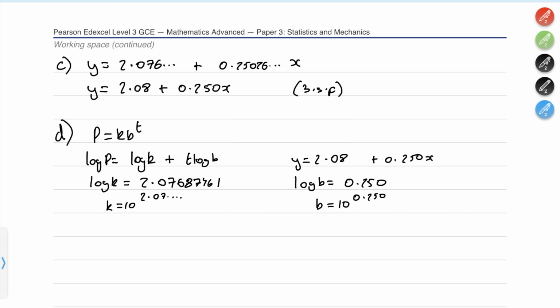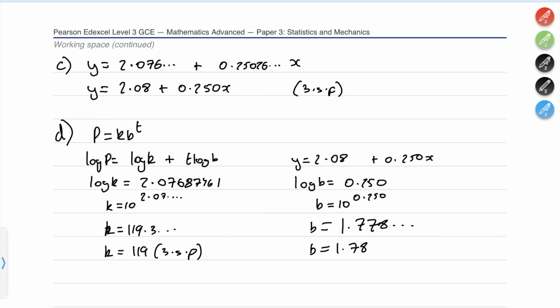And what we're going to do now is calculate these. So 10 to the power of 2.0768741 will give me 119.3. So k is 119.3, so k is 119 to 3 significant figures. And we get a value of b equal to 1.778, so b is equal to 1.78 to 3SF.